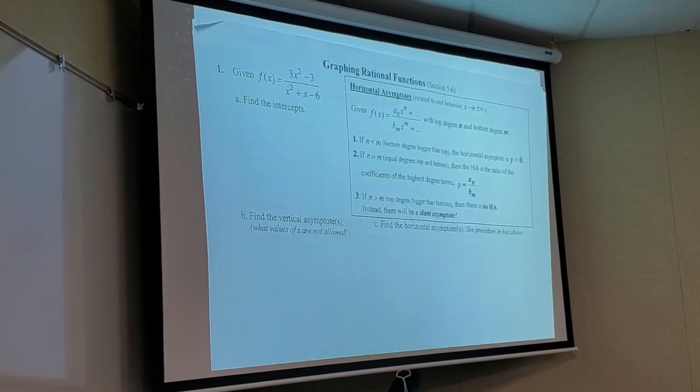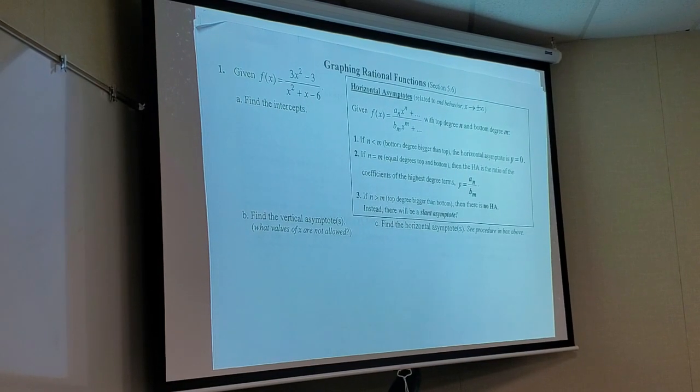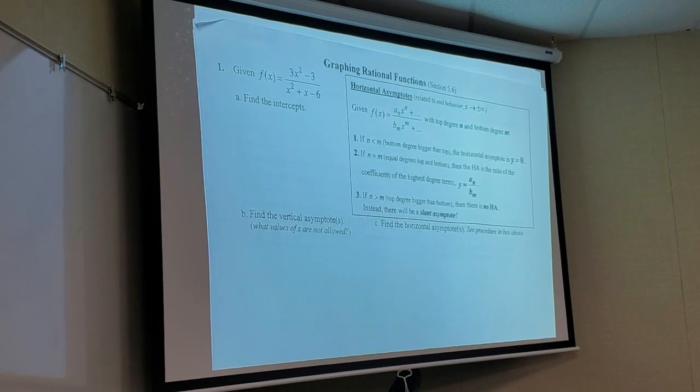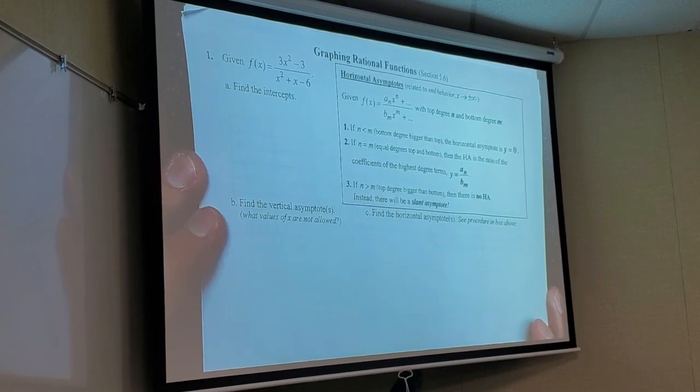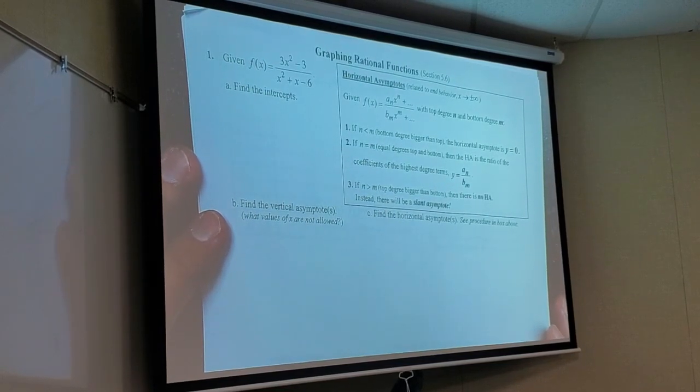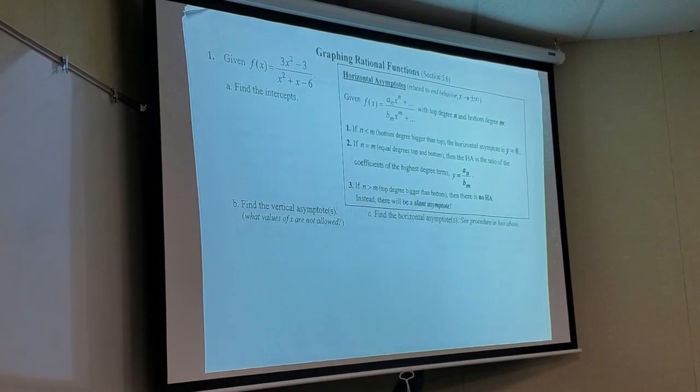So pretty much x-intercepts come from the top, correct? Yeah. Vertical asymptotes come from the bottom. I always get people mixing those two up and they have way too many walls. Vertical always comes from what's not in the domain.